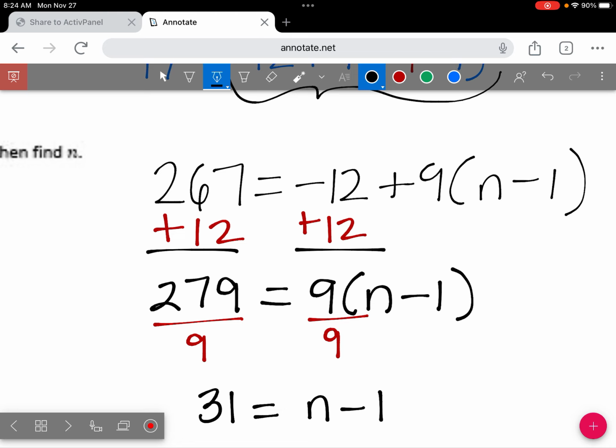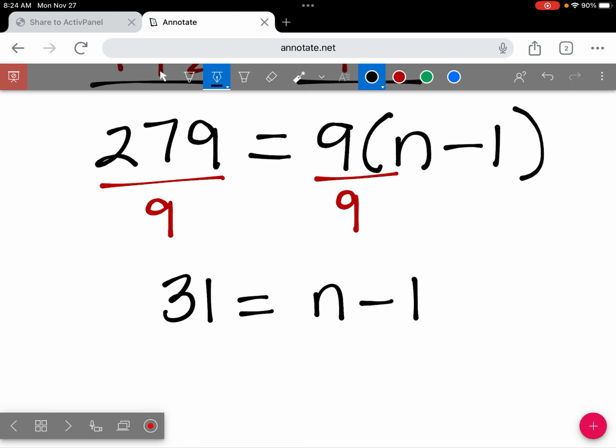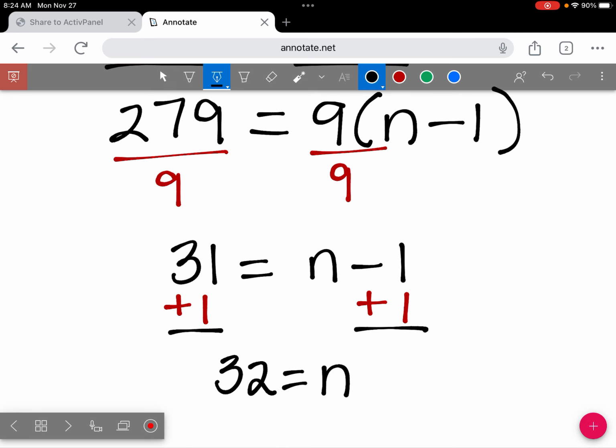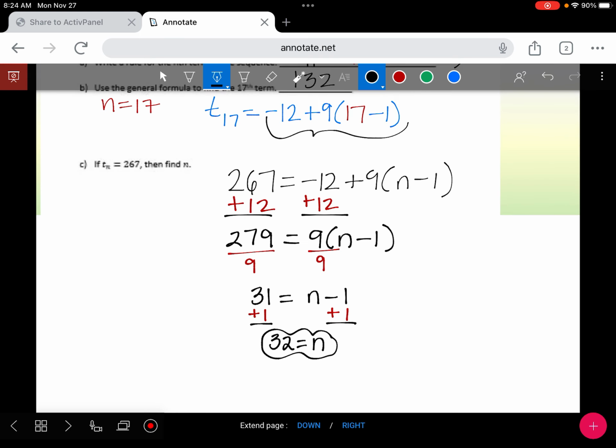But if I divide it out, then I have 31 equals n minus 1. So my last step would be to just add the 1. So 32 equals n. So what that means is that the 32nd number, or T32, in this sequence is 267.